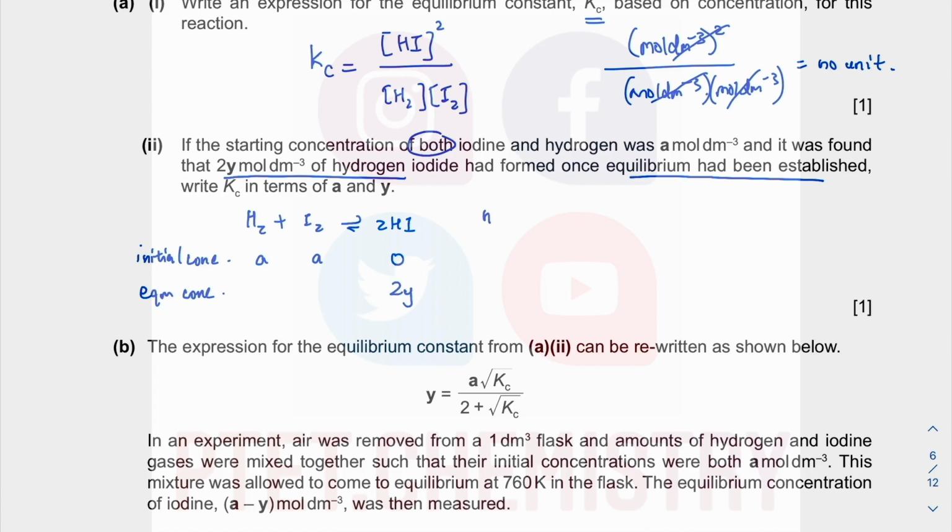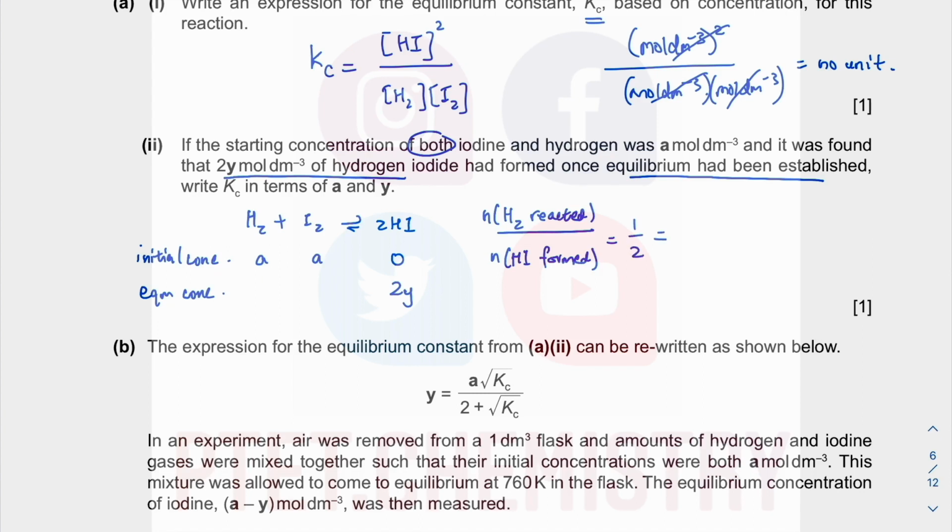From the stoichiometry, I hope you can see that H2 reacted compared to HI formed. So if you are very weak at this kind of calculation, go through some of the topical playlists on equilibrium constant, on how to interpret what has reacted and what has formed, and how to do more examples of this kind of question, because we just never know when they will come up again, yeah?